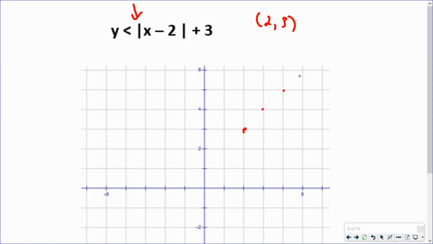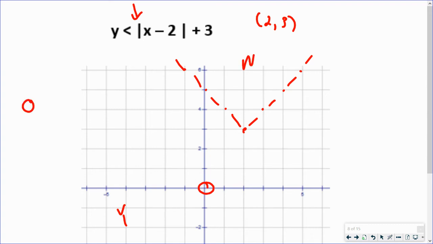Over 1, up 1, over 1, up 1. Same thing on the other side. This is less than, so I'm going to put that dash line in here. Now again, same thing. There's my 0, 0. That's my test point. This is the yes side. This is the no side.